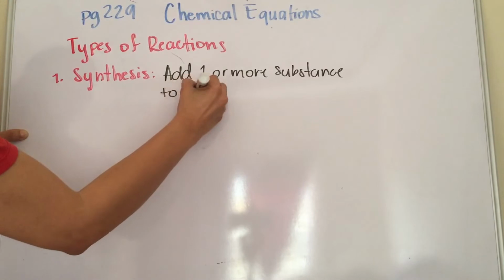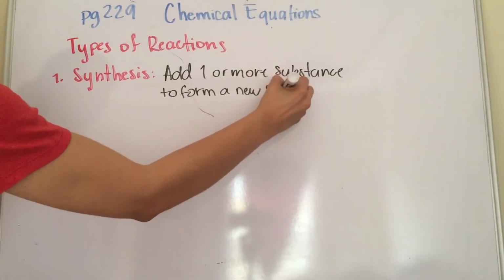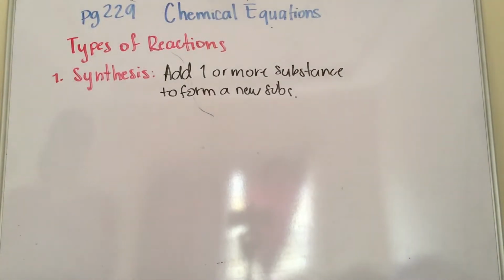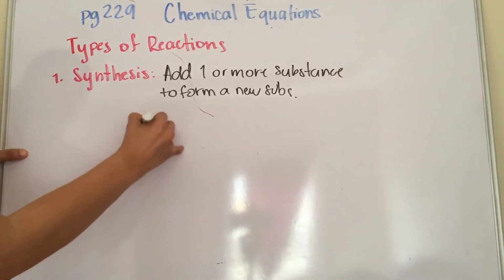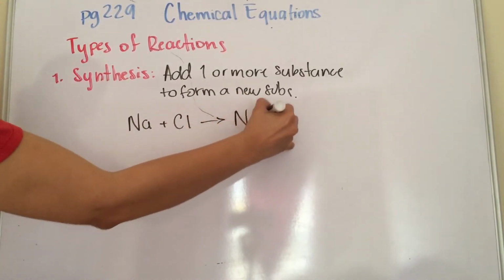So we add one or more substances to have a new substance. For example, it's the same thing we had: sodium and chlorine, and it's going to form sodium chloride.